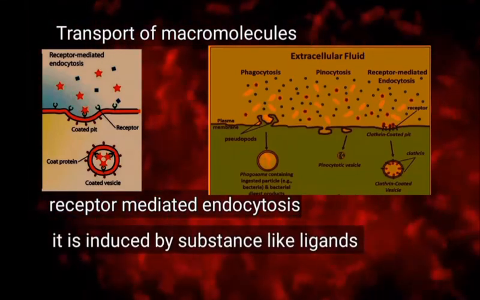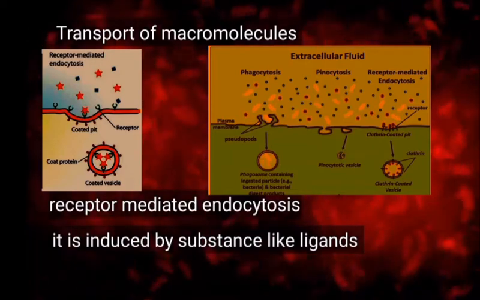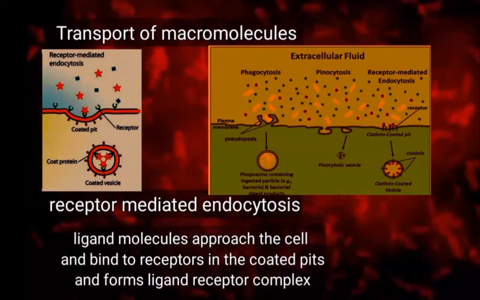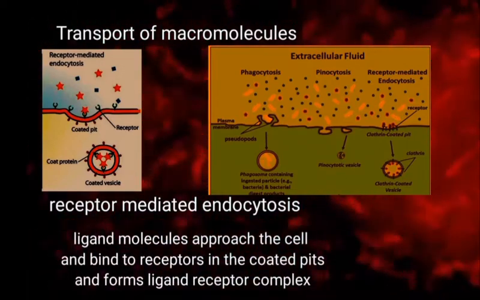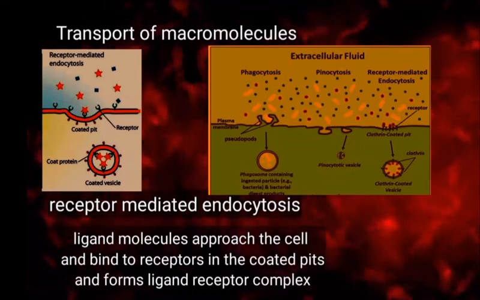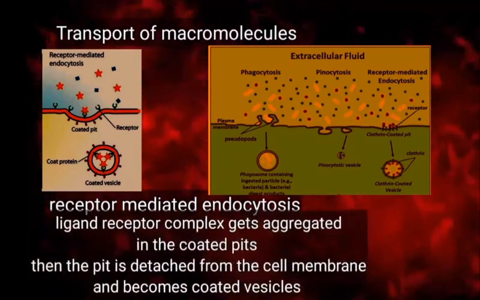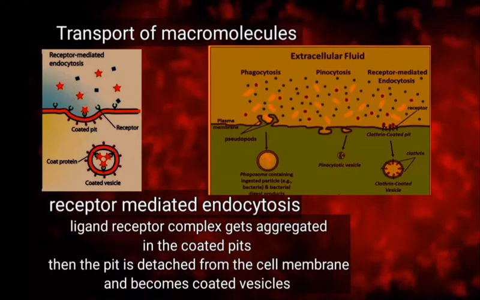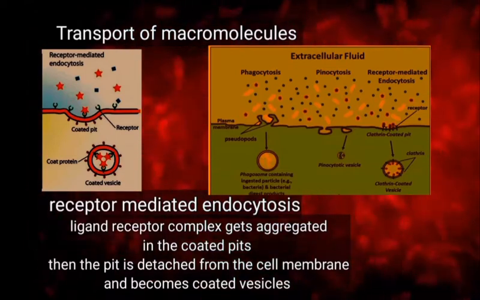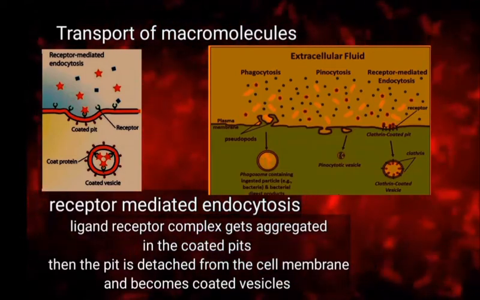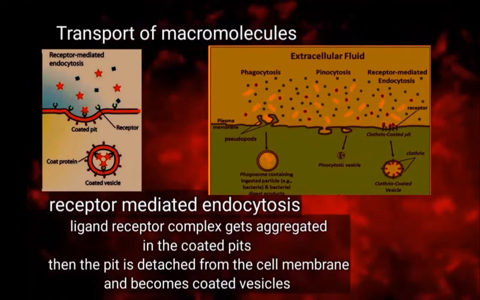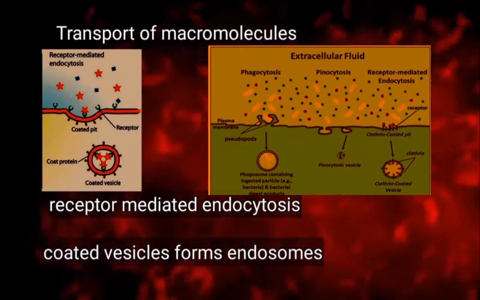Receptor-mediated endocytosis is induced by substances like ligands. Ligand molecules approach the cell and bind to receptors in the coated pits and form a ligand-receptor complex. Now the ligand-receptor complex gets aggregated in the coated pits. The pit is detached from the cell membrane and becomes a coated vesicle. Those coated vesicles form endosomes.